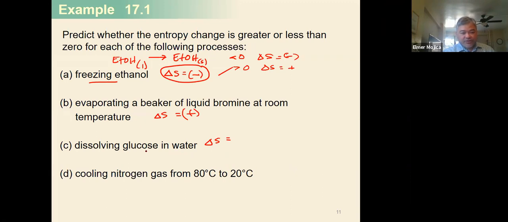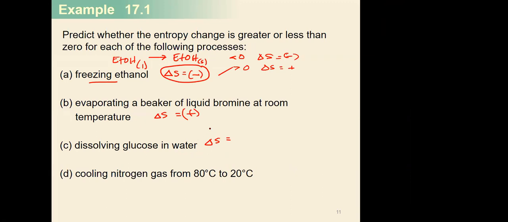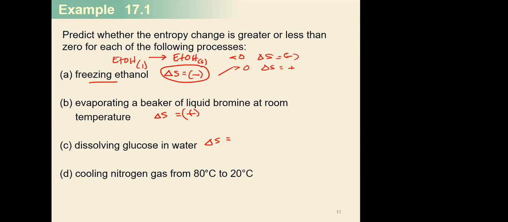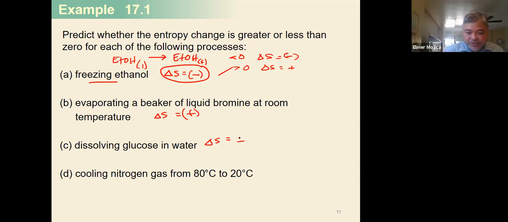So what happened? Glucose in the solid form becomes part of the solution. So what do you think happened? It's positive. Okay, so it becomes more disordered.